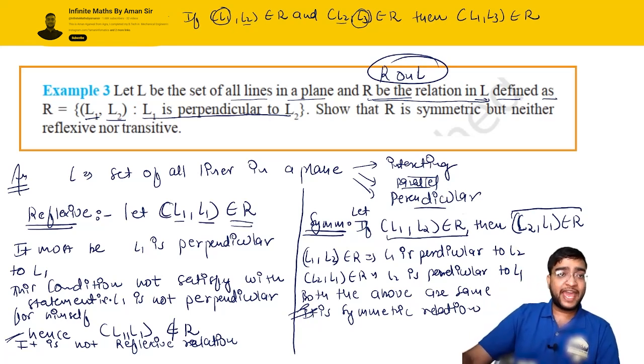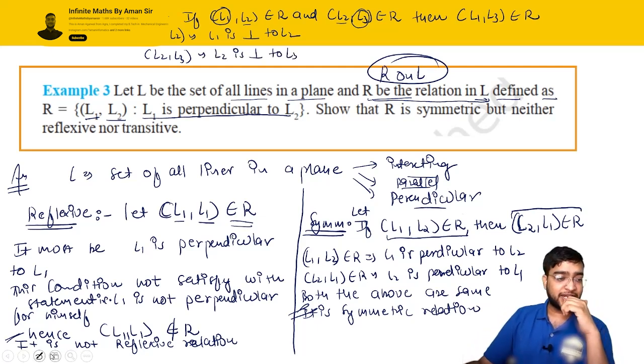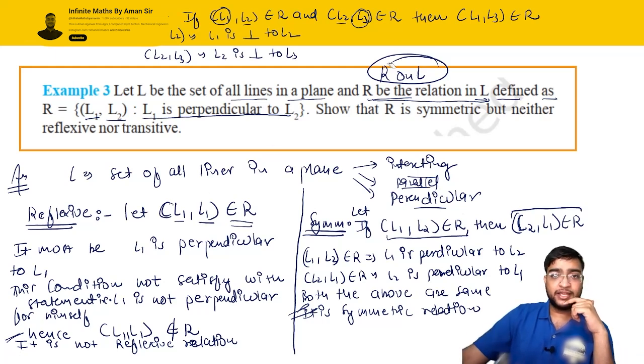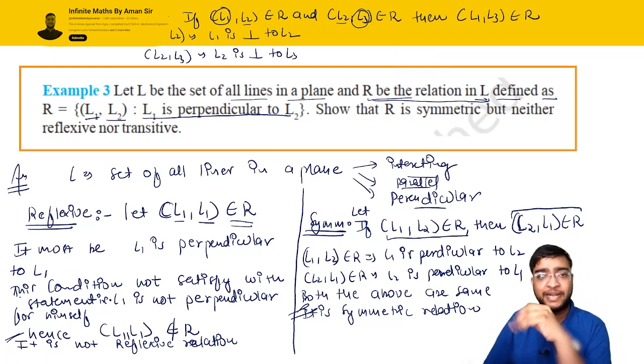For L1 and L2, L1 is perpendicular to L2. That is true, sir. For L2, L3, L2 is perpendicular to L3. Let me draw a diagram here for better understanding.